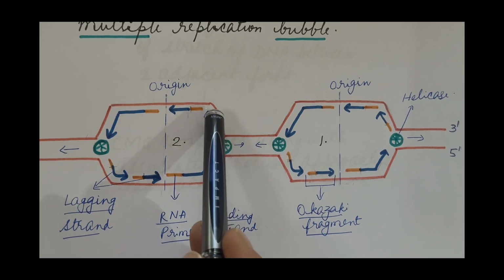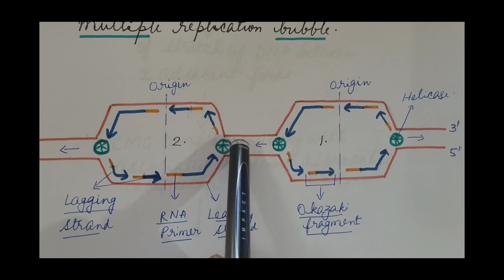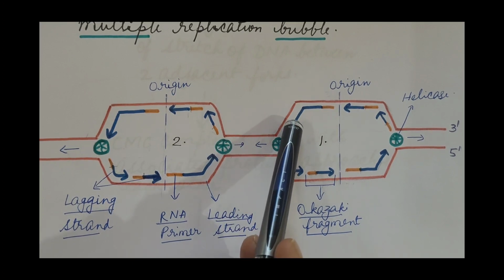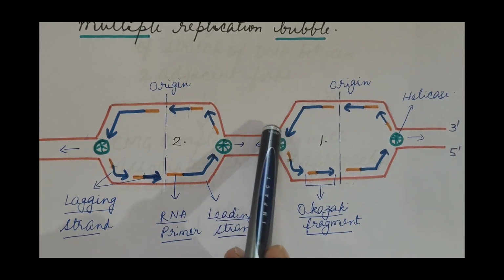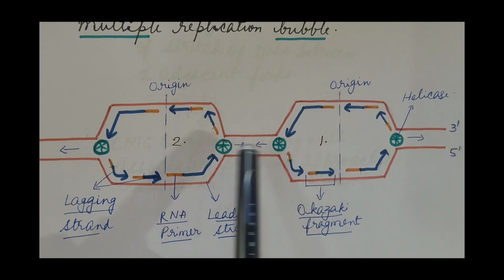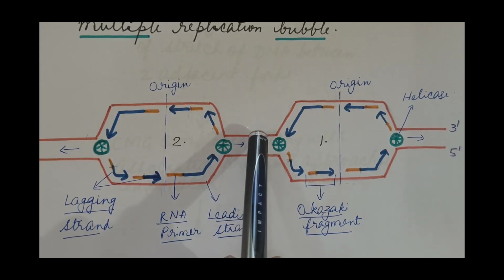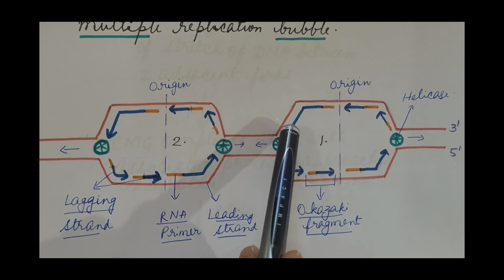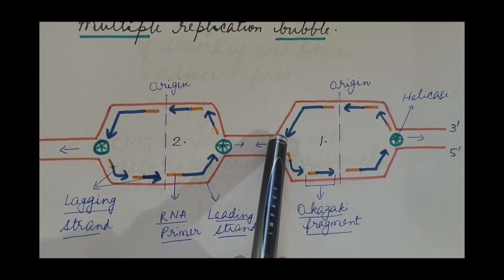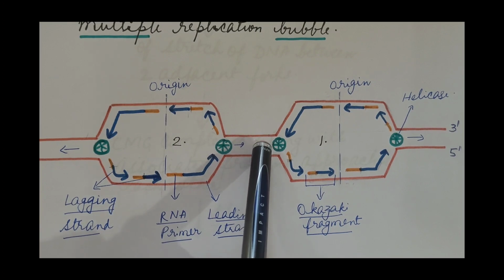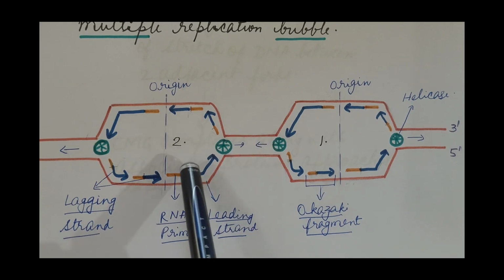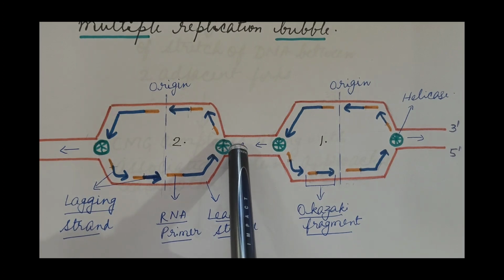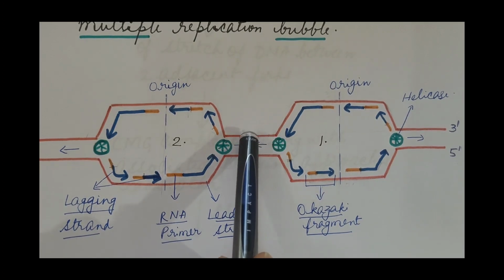The replication fork of this replication bubble is moving in this direction, and for this replication bubble it is moving in this direction. So this stretch of DNA between the adjacent replication bubbles 1 and 2 is also replicated, and when the DNA polymerase reaches a section of the DNA template that has already been replicated, in case of this replication bubble and also this replication bubble, then the DNA polymerase halts.